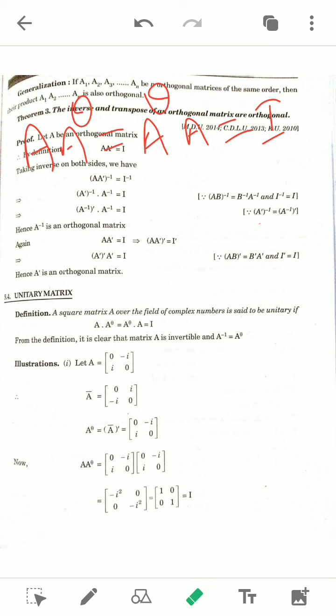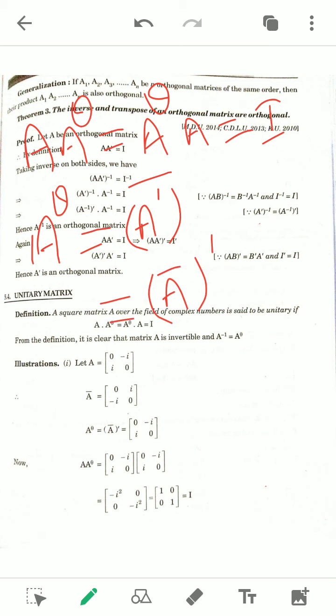You must know what this A theta is. A theta is either the transposed conjugate or the conjugate transpose. Either you take the transpose and then compute the complex conjugate, or first take the complex conjugate and then take the transpose, and you get this A theta.